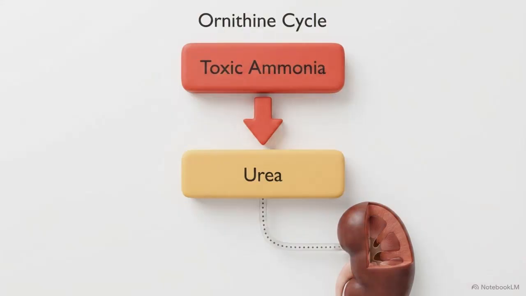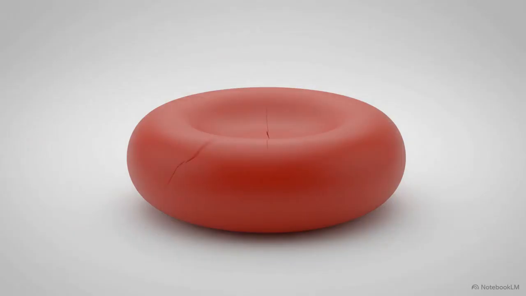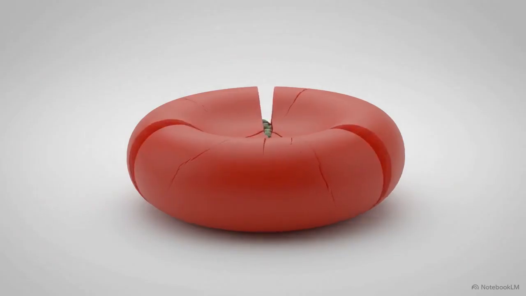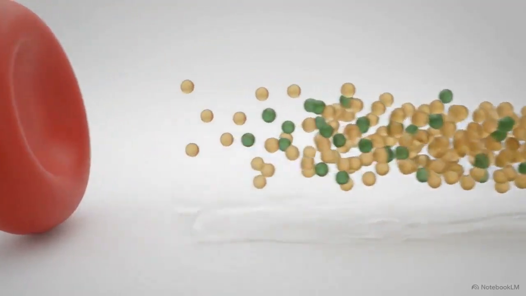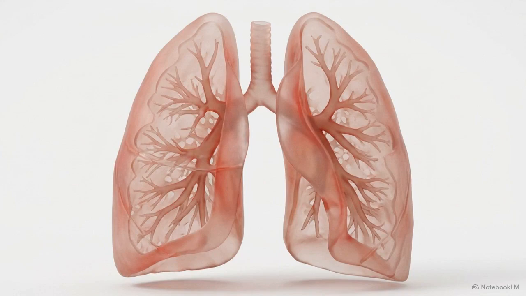It converts that ammonia into less toxic urea, which is then sent to the kidneys for safe removal. The liver also plays a secondary role by excreting bile pigments, which are derived from the breakdown of dead red blood cells. The lungs function as the body's continuous gaseous exhaust system.